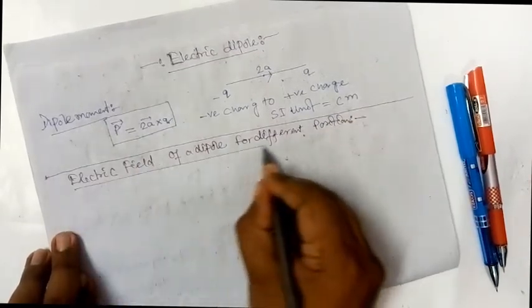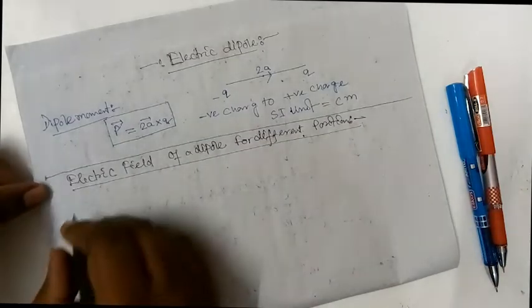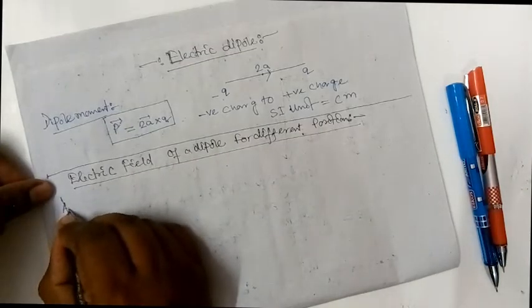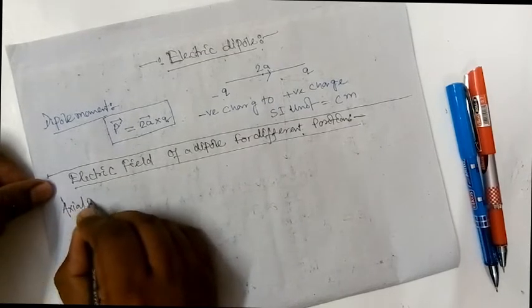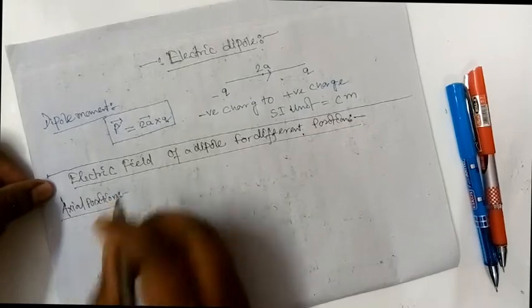What will be the first position where we have to find the electric field? The first one is known as axial position. What is axial position?